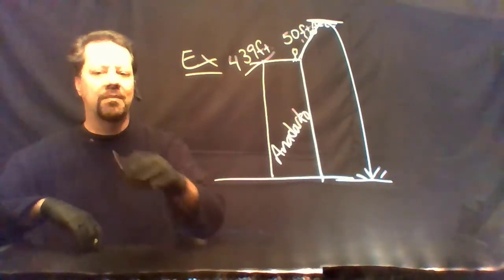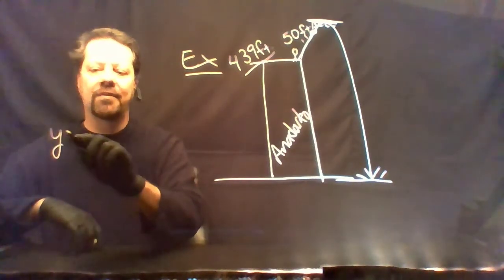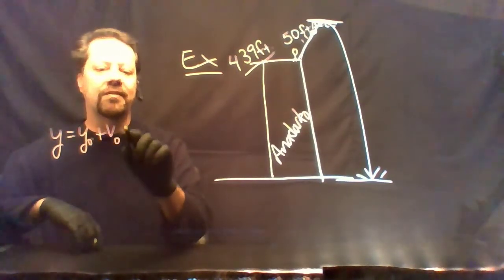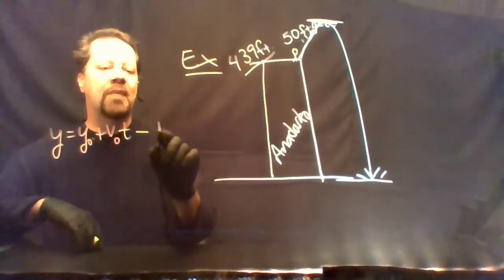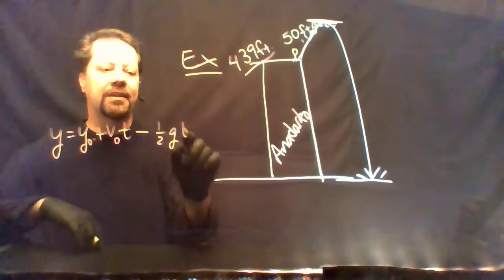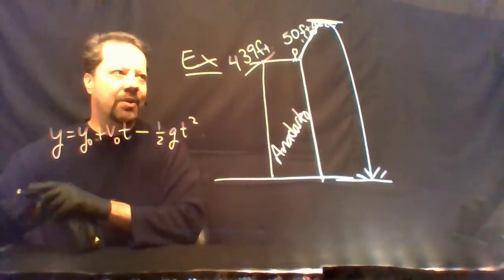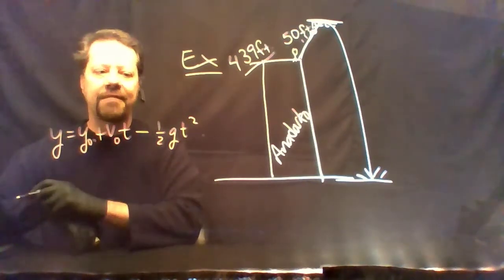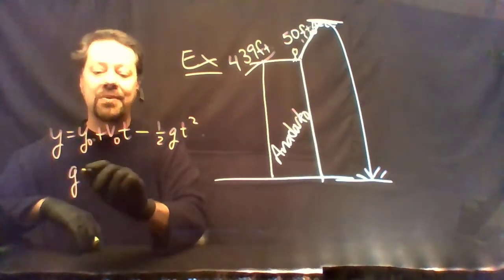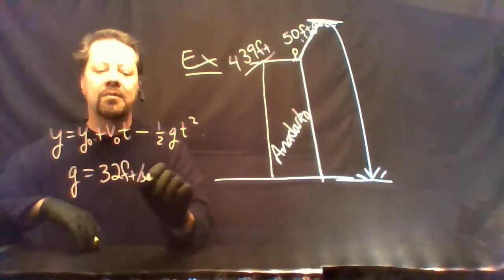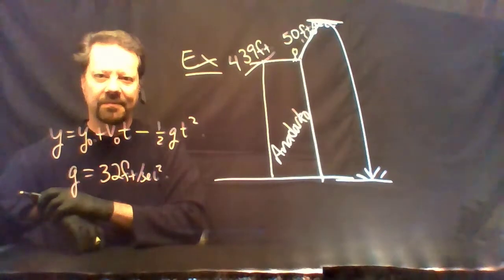To solve this problem, we'll use the height formula. Initial height plus initial velocity times time minus 1/2 acceleration times time squared. The units that we are using here are the English units of feet. In those units, g is 32 feet per second squared.